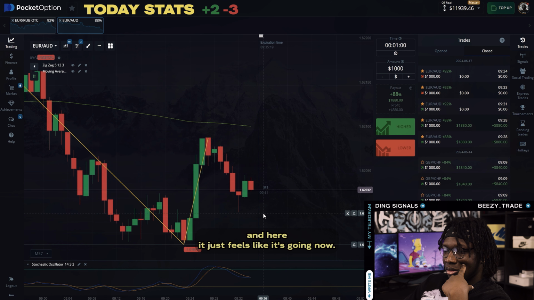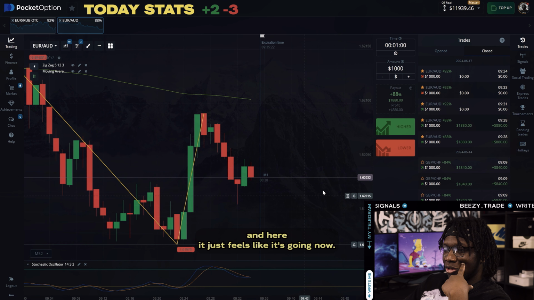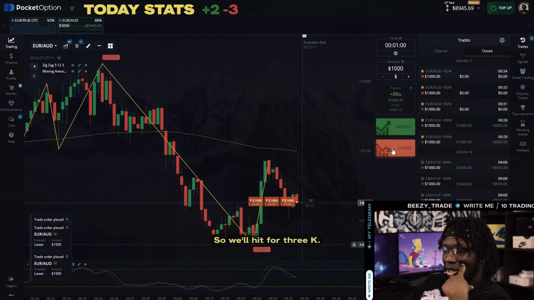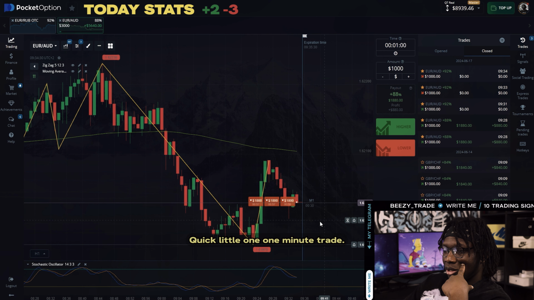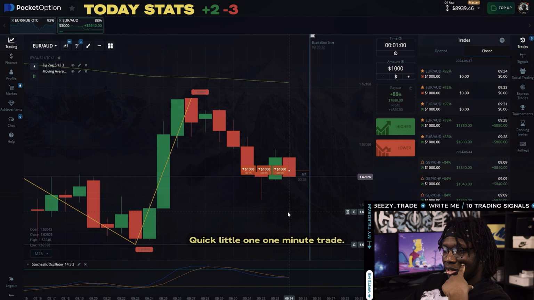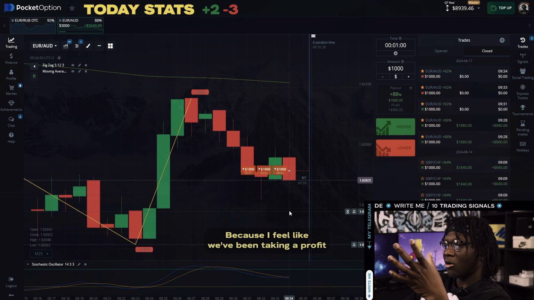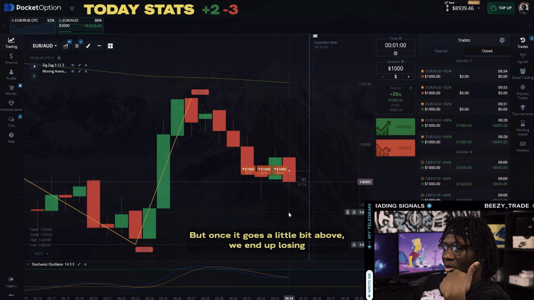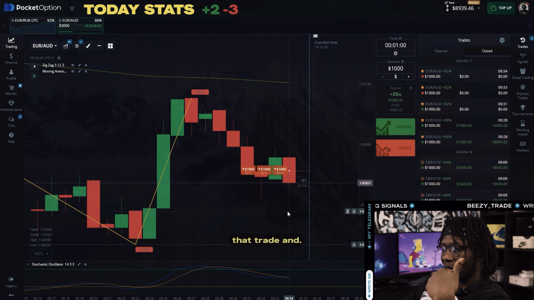and here it just feels like it's going downwards. So we'll hit for 3K. Quick little one minute trade, because I feel like we've been taking profit on every single trade that had up to the 1 minute mark, but once it goes a little bit above, we end up losing that trade.